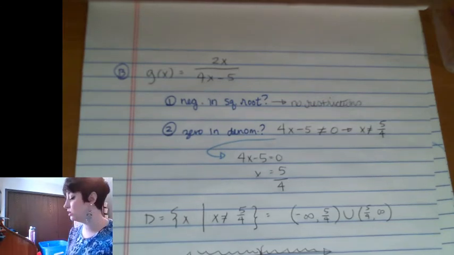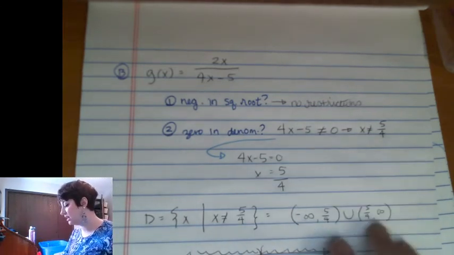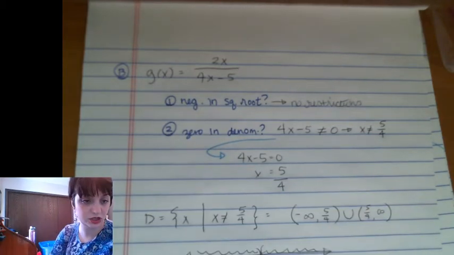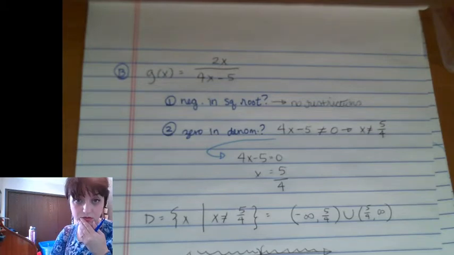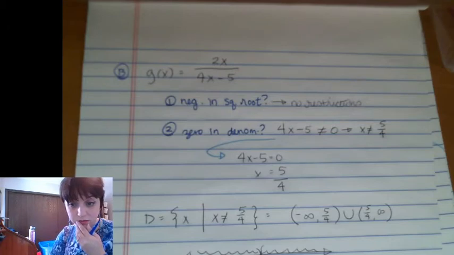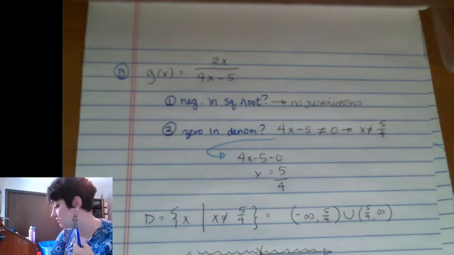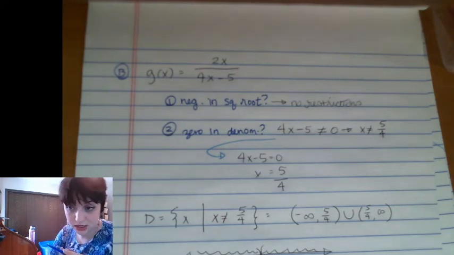Okay, so in Hawks, I think that they ask for interval notation. I'm going to check real quick. Let's see, 4-1. In terms of ease, definitely using the set notation is easier.